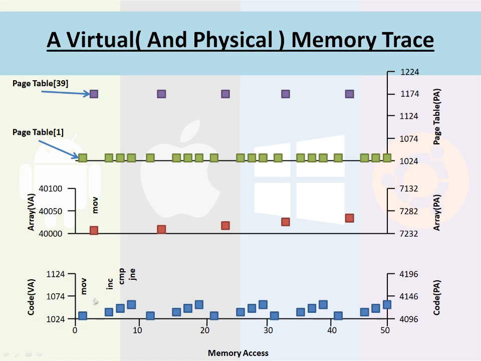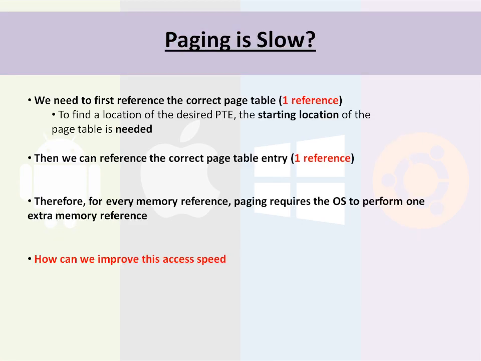In order to perform just one loop, we are doing 10 memory accesses for roughly 4 instructions. That is obviously quite inefficient. So now that you have a better understanding of how memory is addressed through paging, you can get a sense of why we say that paging is slow.